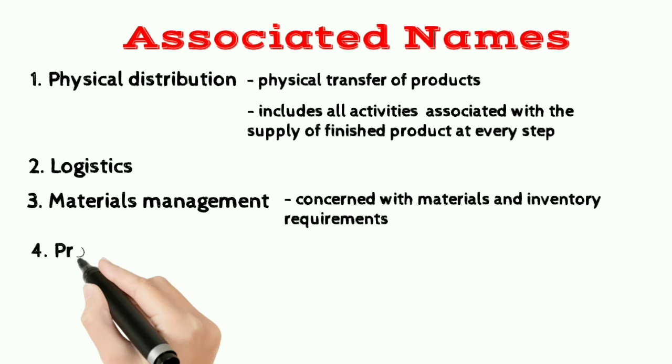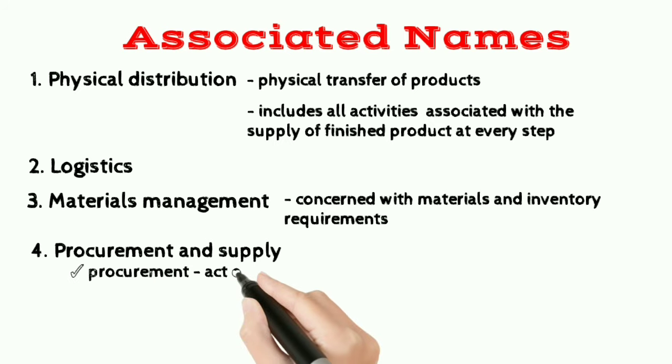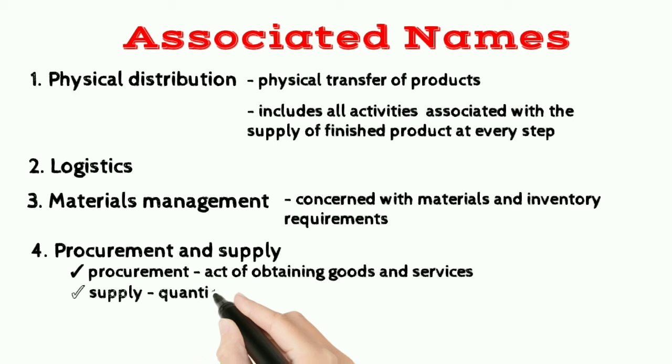Next is procurement and supply. Let's first talk about procurement. Pag sinabi natin procurement, this is the act of obtaining goods and services which is usually for business purposes. Ang supply naman, this is the quantity of products that is available to consumers.